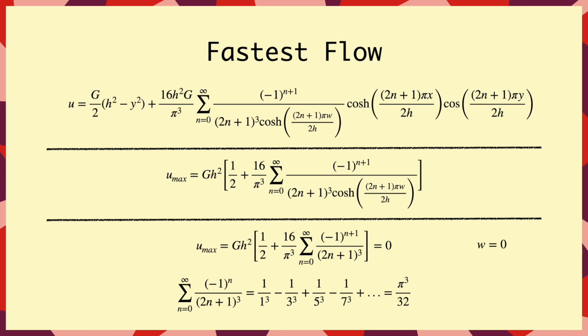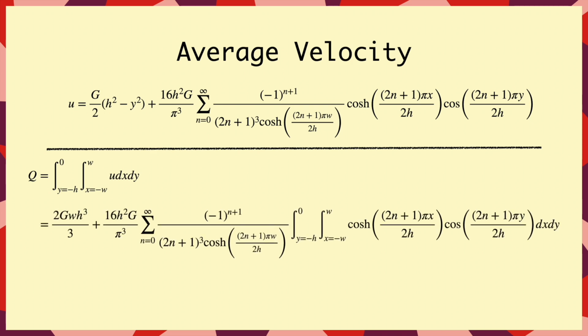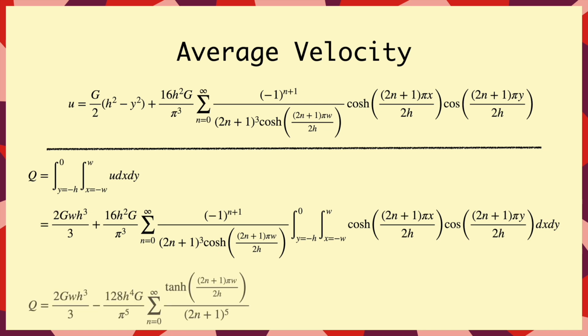Now, let's move on to looking at the average speed across the whole area. And for that, we need to find the flux with this double integral, which really isn't as bad as it looks. If you want to work it out yourself, then have a go before I show you the answer. You should get this with a hyperbolic tan in there now, which is just sinh over cosh.